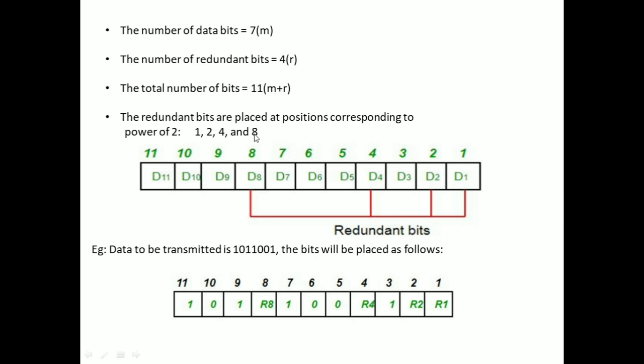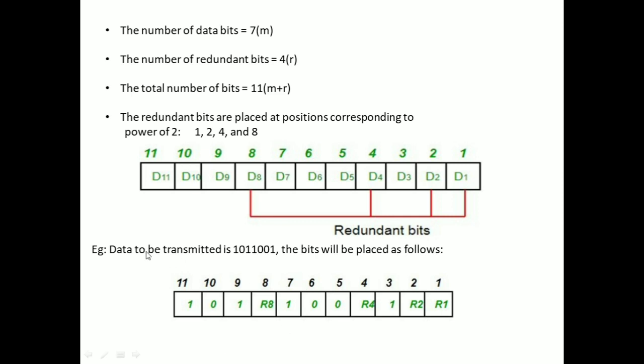And the last redundant bit is specified at 2 power 3, the 8th bit position, so at the 8th bit position we specify R8. Don't get confused, because to represent the bit position we specify the redundant bits as R1, R2, R4 and R8. But the total number of redundant bits is only 4, right?